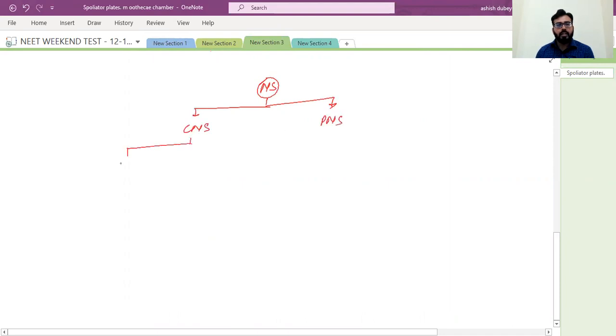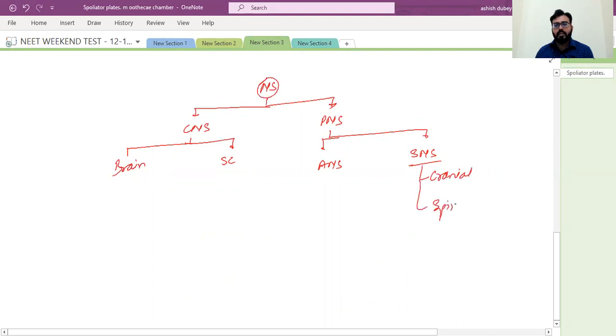In CNS, it has brain and spinal cord, and in PNS there are 2 things: one is the ANS and another is the SNS. SNS means somatic neural system. Somatic neural system includes the cranial nerves and the spinal nerves.